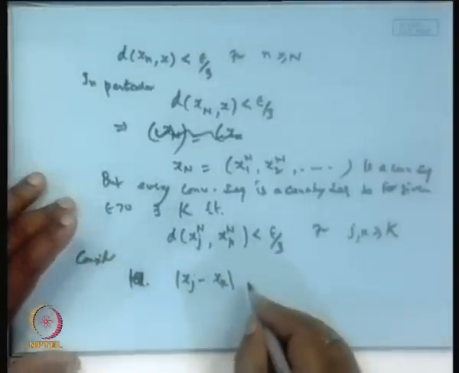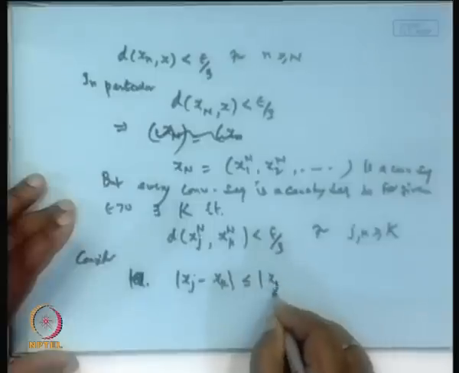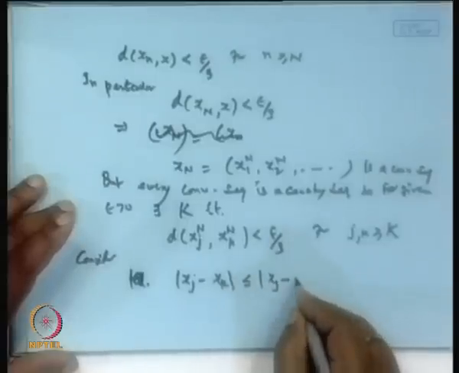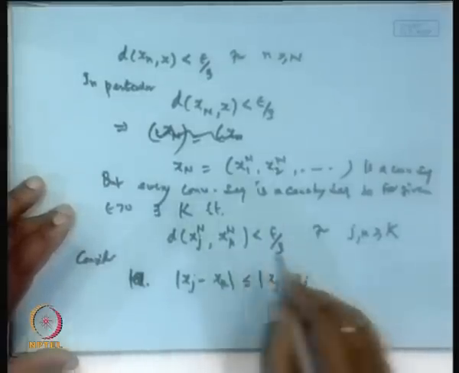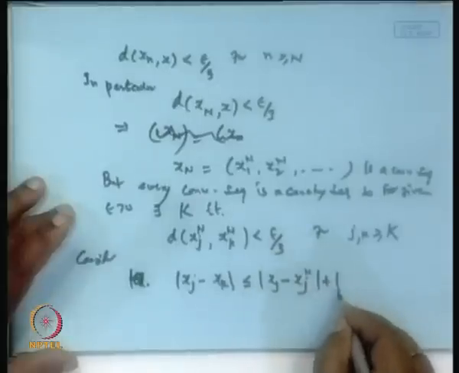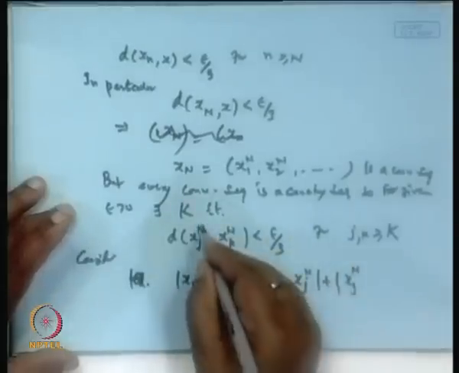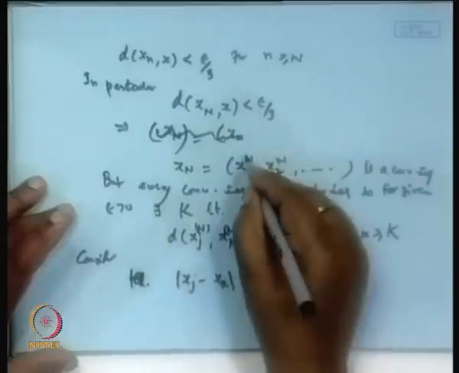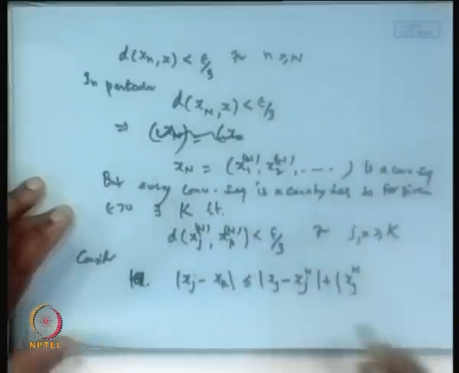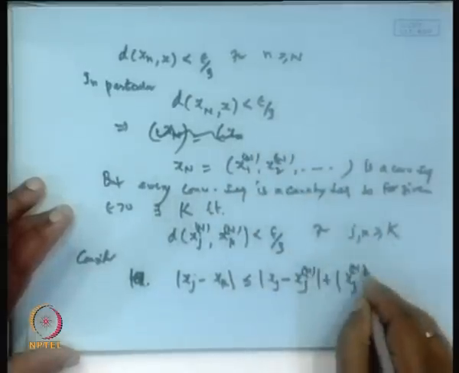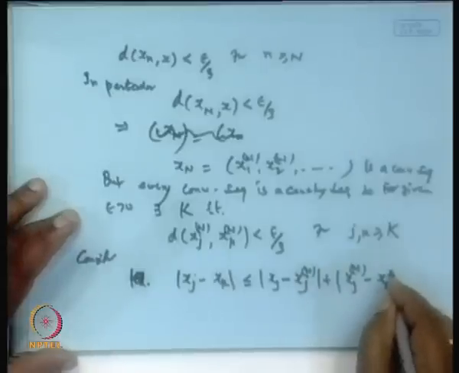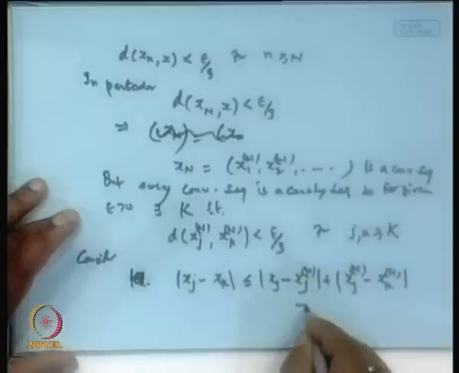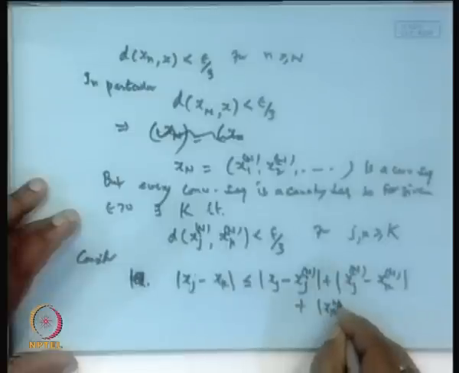Now, this can be written as x_j minus x_j^n plus x_j^n minus x_k^n and then plus x_k^n minus x_k.